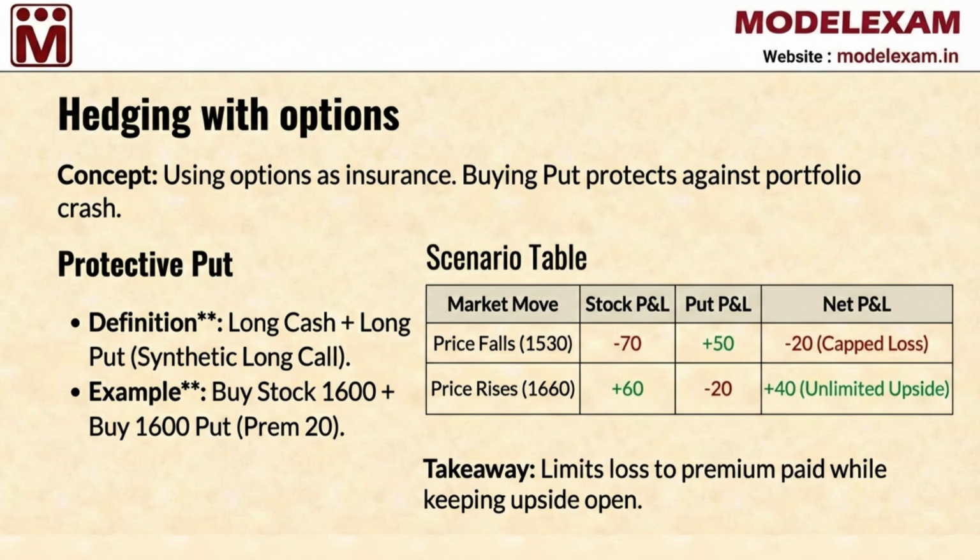If the price falls to 1,530, your loss is strictly limited to a loss of 20. But if the price rises to 1,660, you still enjoy a profit of 40. This ensures you are protected from a crash while still being able to profit if the market goes up.